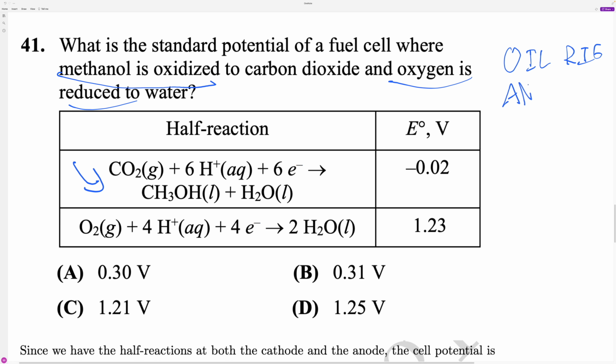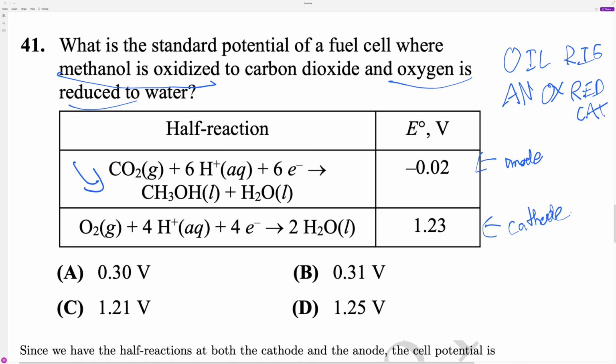Again, we can use OIL RIG and An Ox Red Cat, particularly An Ox, because methanol is being oxidized, so that's going to be the anode here. Oxygen is being reduced, so that's our cathode.